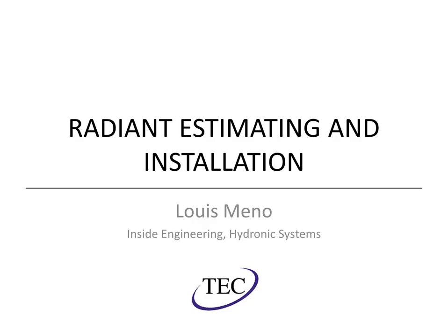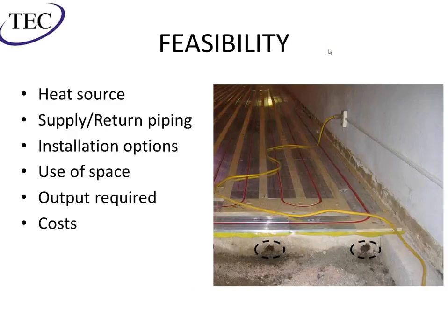All right, the first and foremost thing you want to consider when you're estimating a radiant project is just the feasibility of it in general. A lot of times, a customer, whether it's a client and you're an engineer or you're at a customer's house, they'll want radiant for a certain area, and it may not always be plausible.